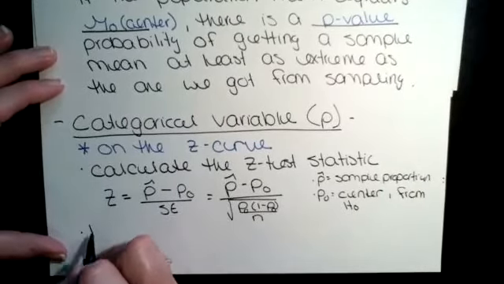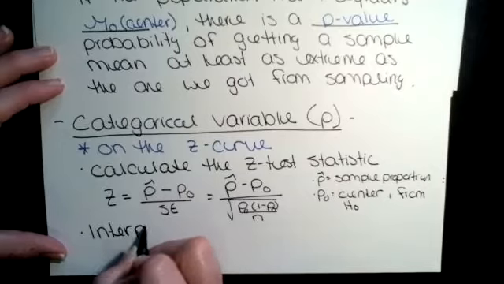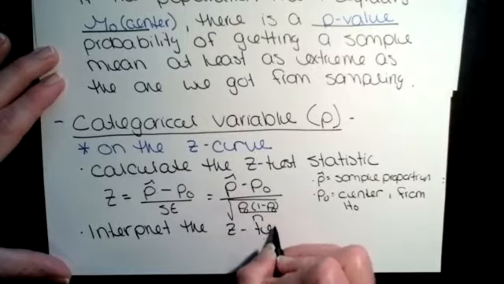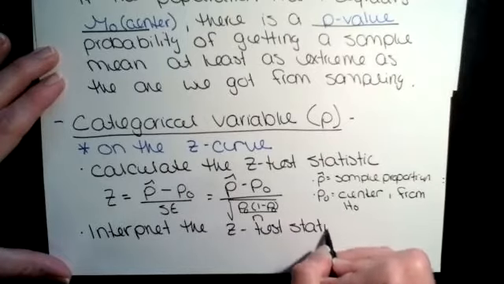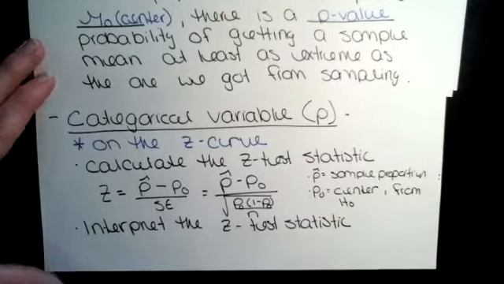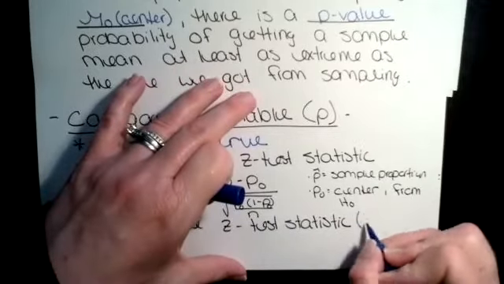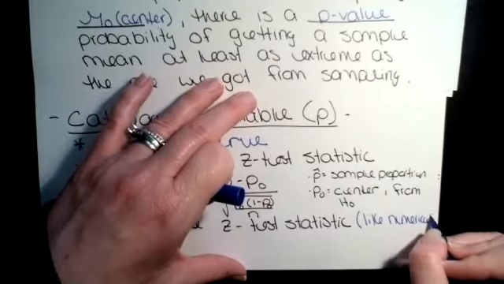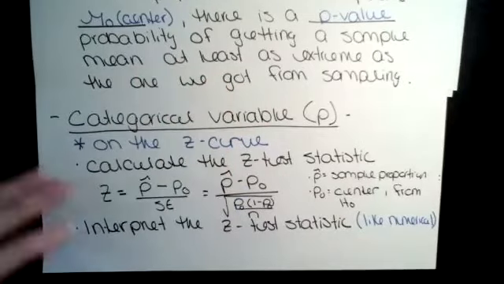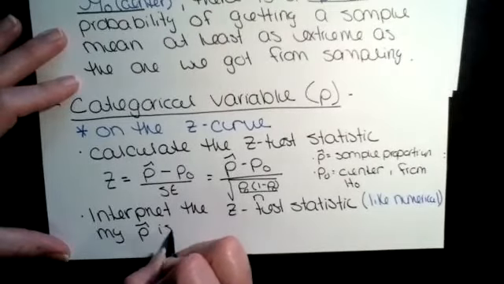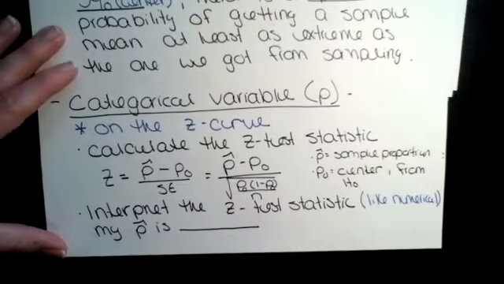So the next thing I want to do is interpret the z-test statistic, same as numerical, but now it's about proportions. So now instead of saying my X bar, I'm going to say my P hat. So my P hat is this many standard errors.